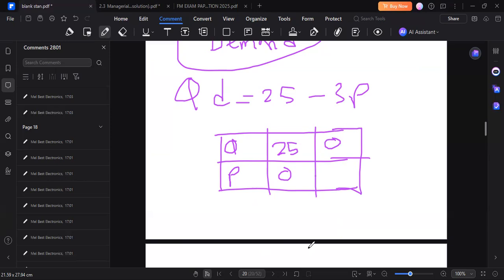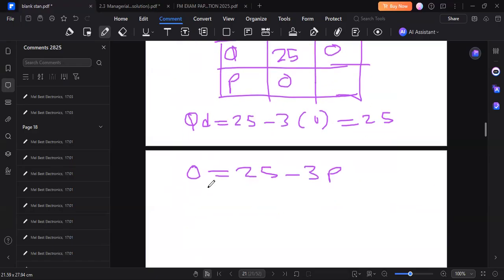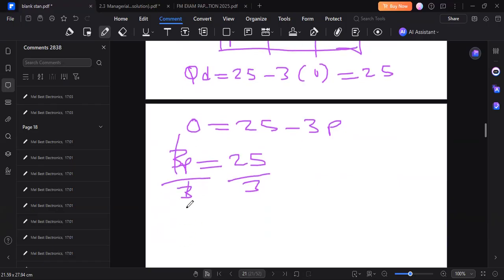Yes, yes. So just do that. Here our quantity demanded would have been 25 minus 3 times 0, since P is 0, so the answer is 25. Now vice versa, Q is 0, so 0 is equal to 25 minus 3p. Let's take this to the other side to be positive: 3p is equal to 25, over 3 over 3. So our price will be 25 divided by 3, which is 8.33.